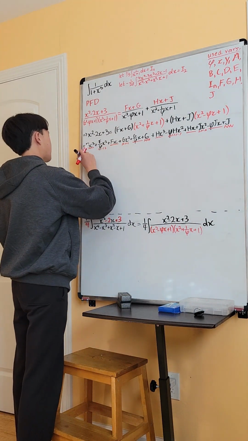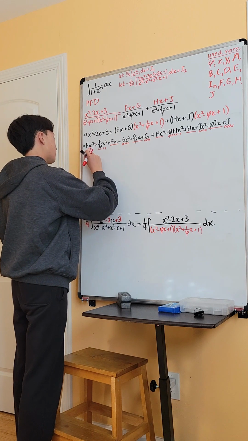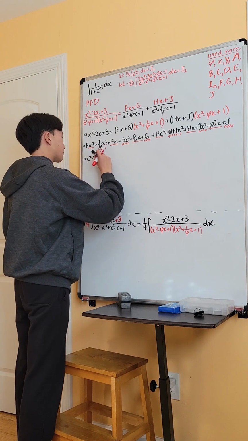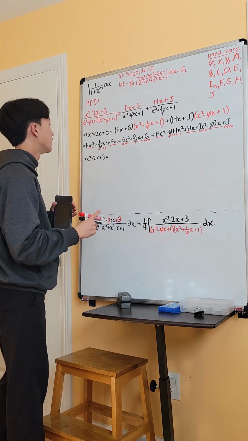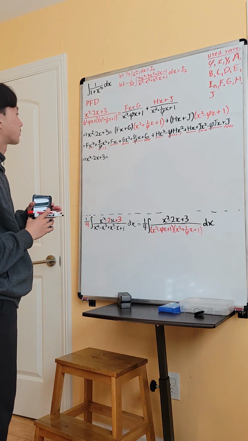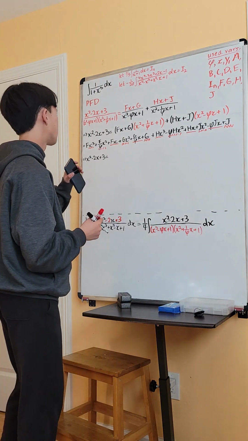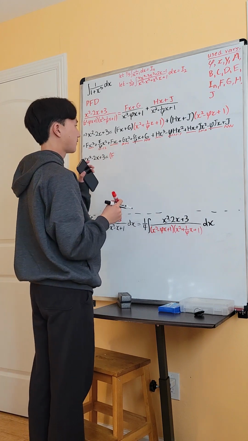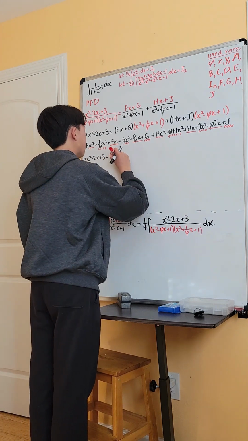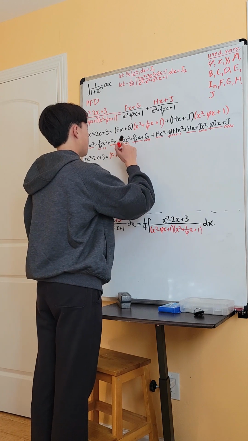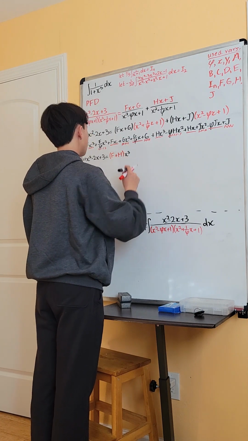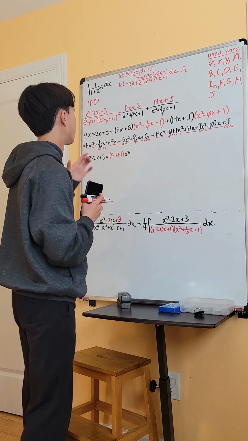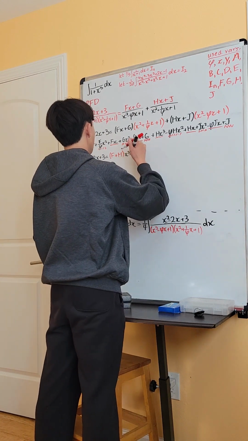So let's write an implication symbol. We got x squared minus 2x plus 3 is equal to, let's write down the cubics first. The coefficients of the cubics are f and h times x cubed. For the quadratics, we'll just write it down in order.